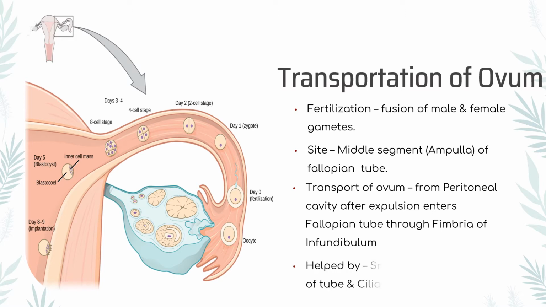The contractions of the smooth muscles present in the wall of the fallopian tube help in the transport of the ovum. These contractions are increased mainly at the time of ovulation.